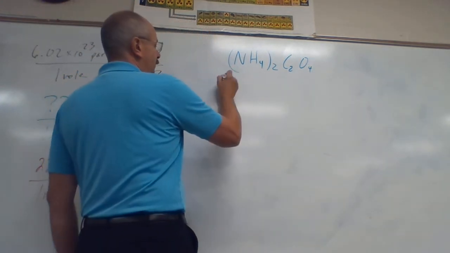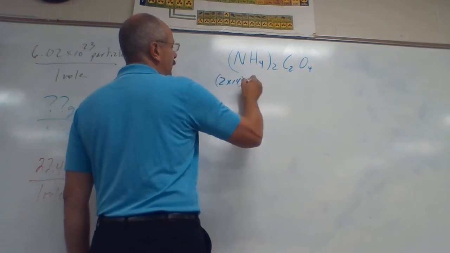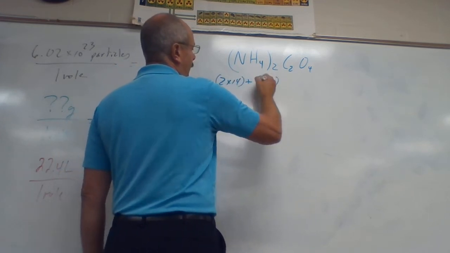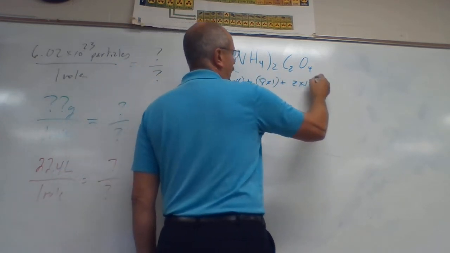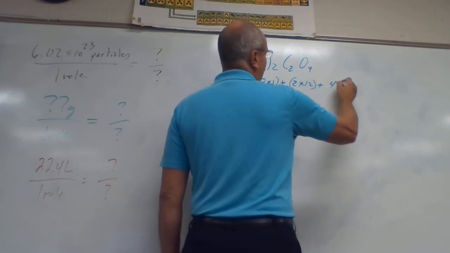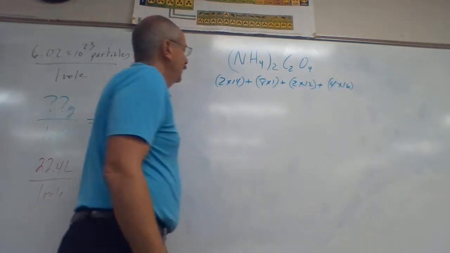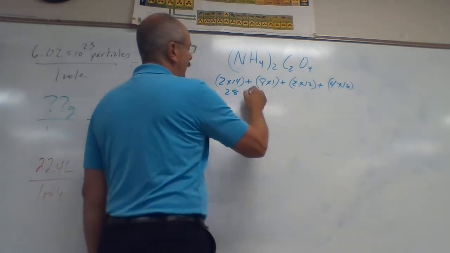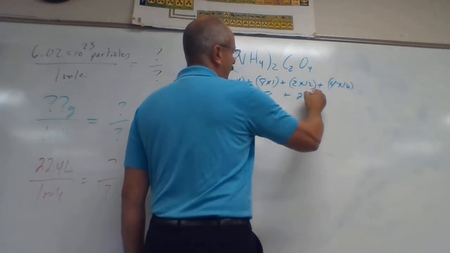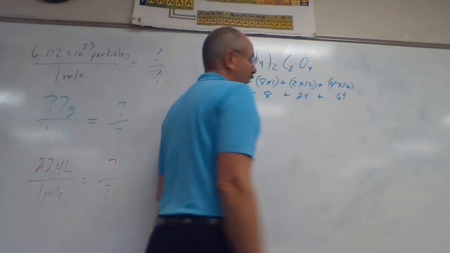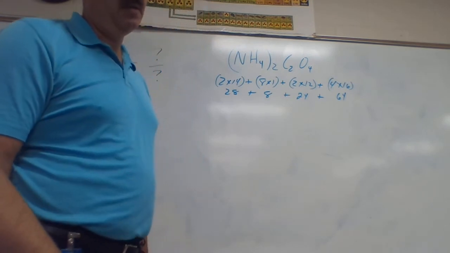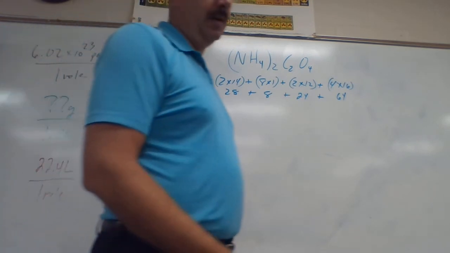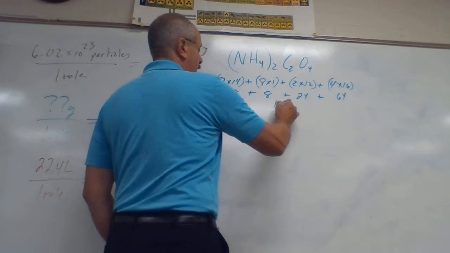So we add this up, there's 2 nitrogens times 14, plus 8 hydrogens times 1, plus 2 carbons times 12, plus 4 oxygens times 16. Goodness. All right, so this is 28 plus 8 plus 24 plus 64. Add all those guys up, and it's 124 total.